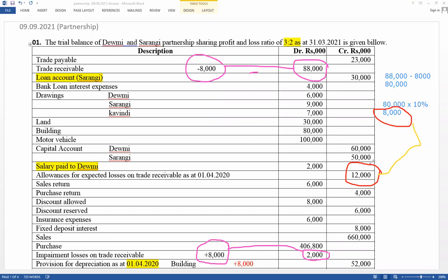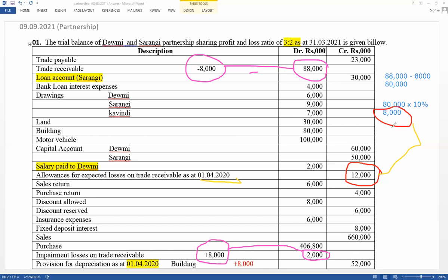But under provision or over provision should be considered by comparing opening balance and closing balance. Given allowances for expected losses on trade receivable opening balance, first April 2020, 12,000, but closing balance 8,000. Therefore, opening balance is higher. Therefore, the difference is over provision.